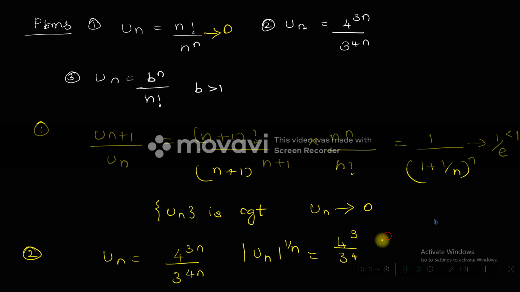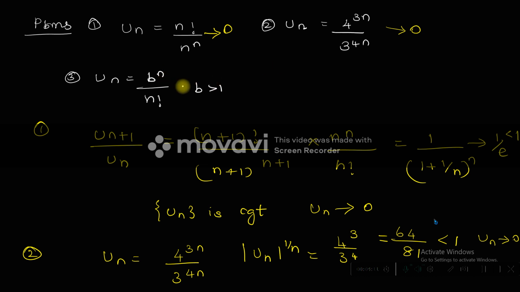My target is to find whether this value is less than 1 or greater than 1. 4 cubed turns out to be 64 and 3 to the power 4 is 81, so the value is obviously less than 1. So u_n converges to 0. This sequence also converges to 0.